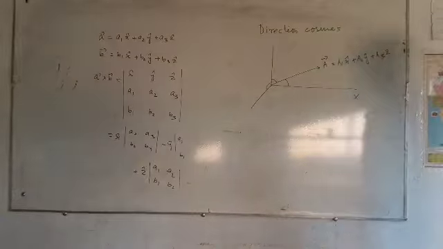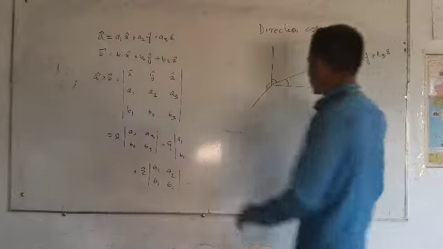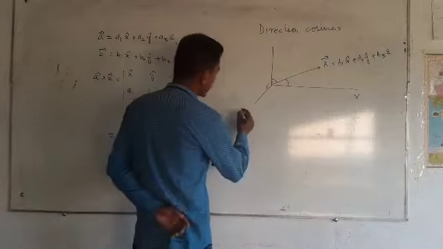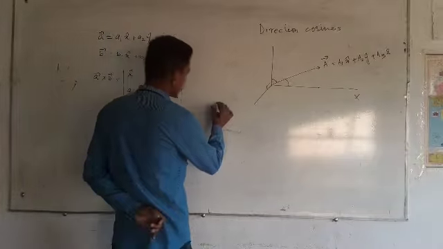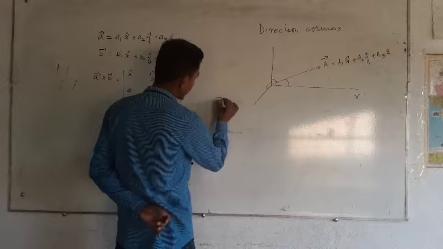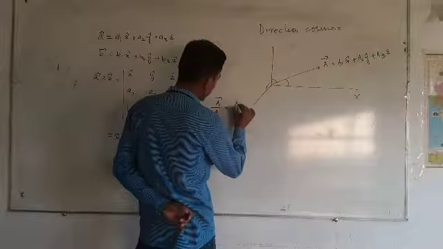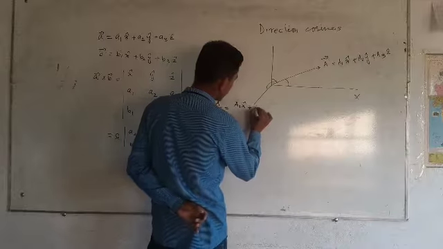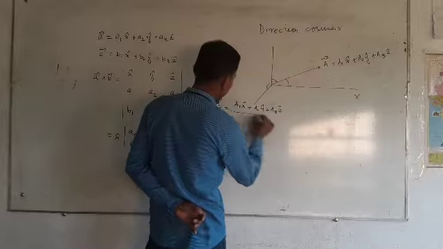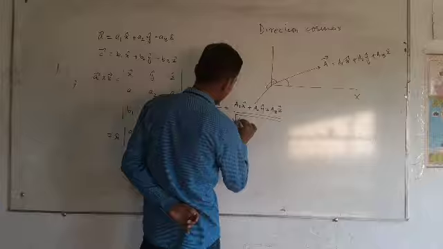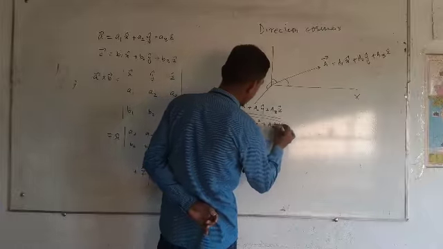Now the unit vector that represents the direction of a vector is given by dividing the vector by its magnitude A. This equals (A1 x cap plus A2 y cap plus A3 z cap) divided by A, where the magnitude of A is root over A1 square plus A2 square plus A3 square.